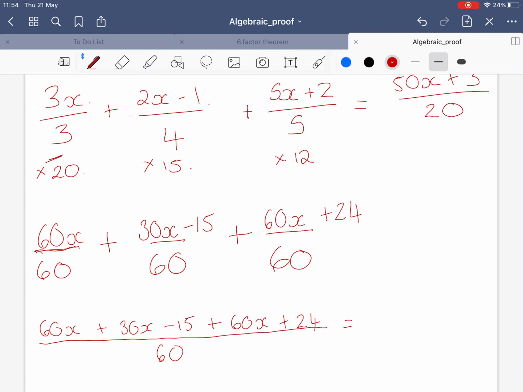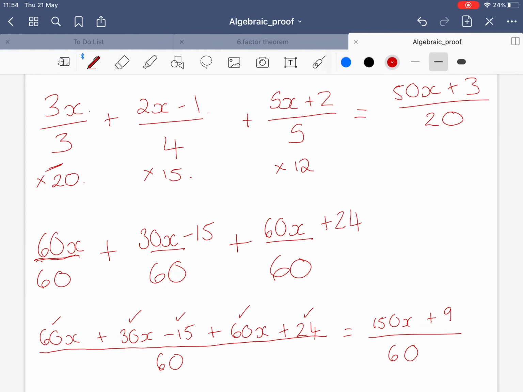So we can work out the top now. If we collect all of our x's, 60x plus 30x plus 60x is 150x. And I've got minus 15, add 24, so that's positive 9, and that's over 60.